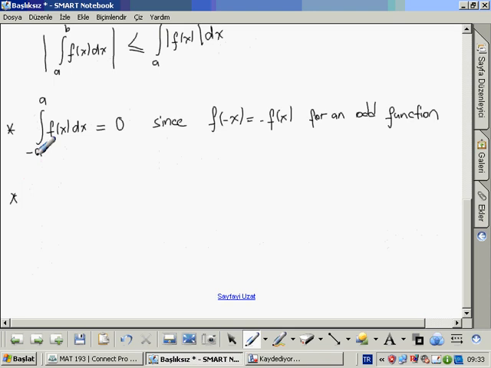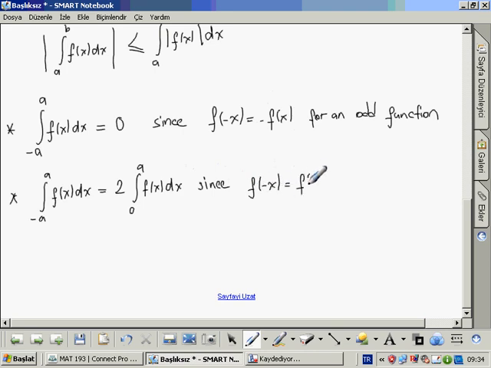But if f of x is an even function, the integral from minus a to plus a of f of x dx equals 2 times the integral from 0 to a of f of x dx, since f of minus x equals f of x.